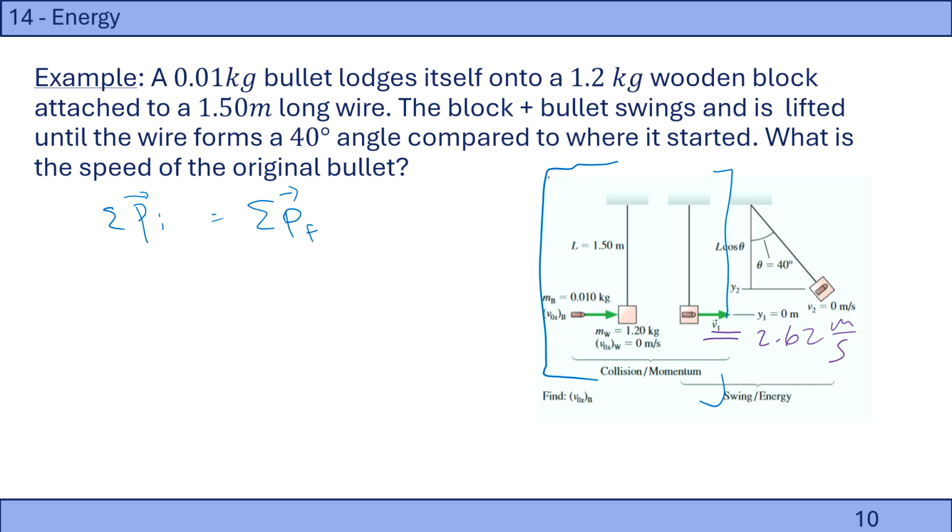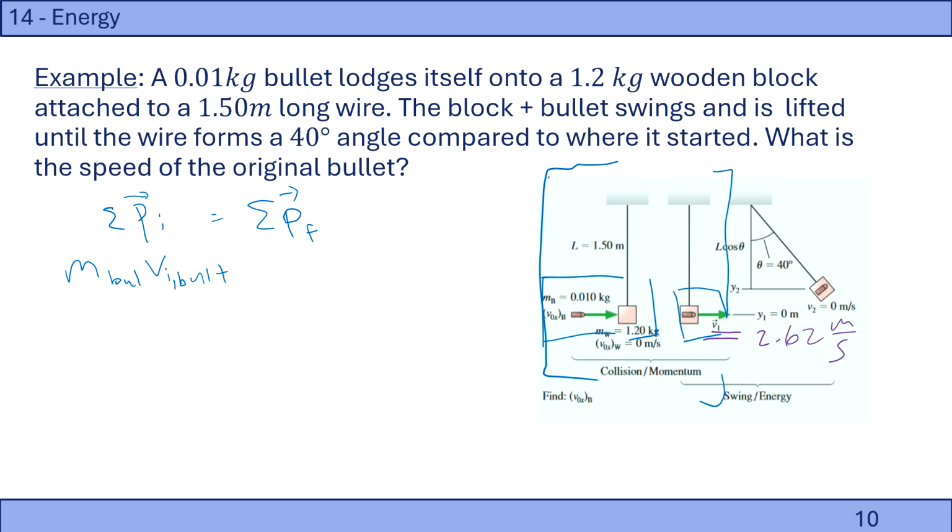Now, if this is the initial state and this is the final state, then we can start plugging things in. So the initial momentum is going to be the initial momentum of the bullet, m of the bullet times the velocity initial of the bullet.